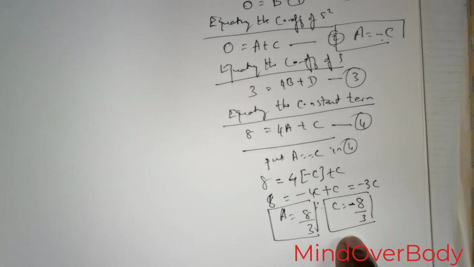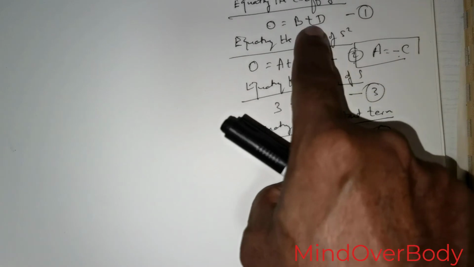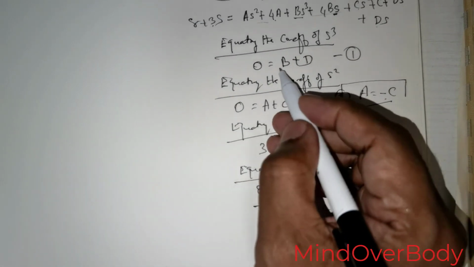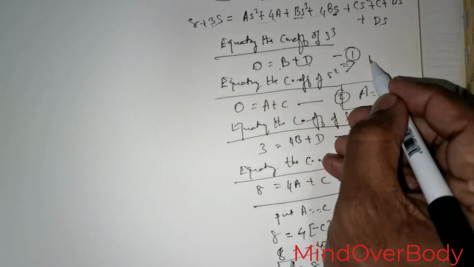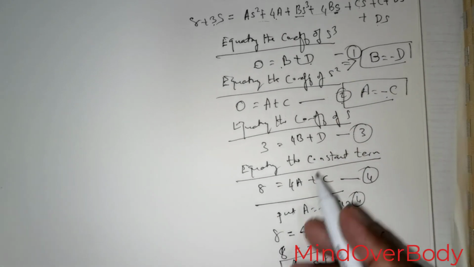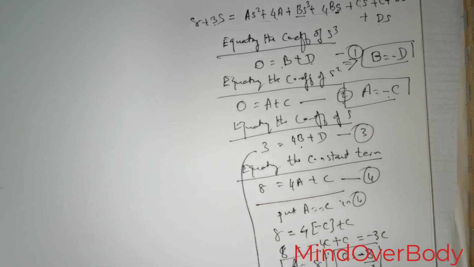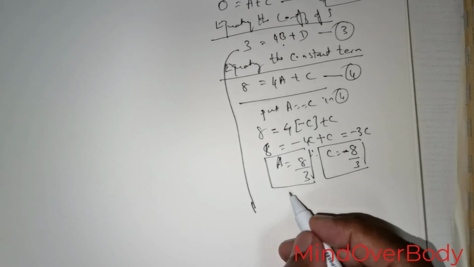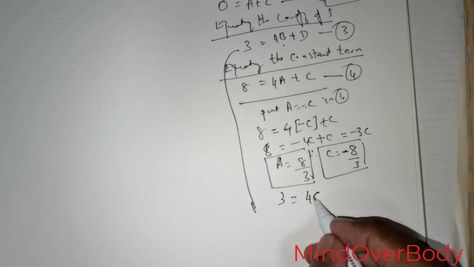Now let me see what I can do with b and d. So over here, b positive d is equal to 0, therefore b is equal to negative d. I substitute it here. So what do I get when I do that? So I get 3 is equal to 4 times b, which is negative d.